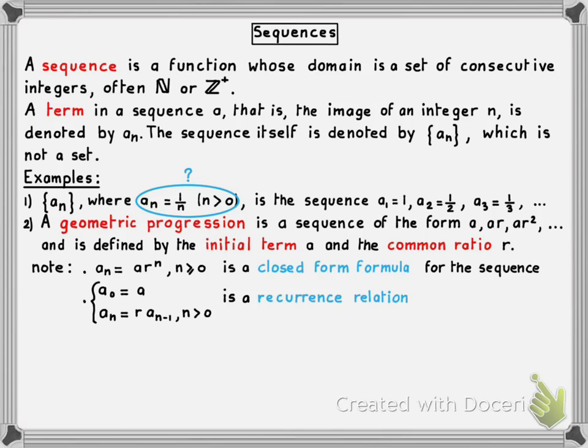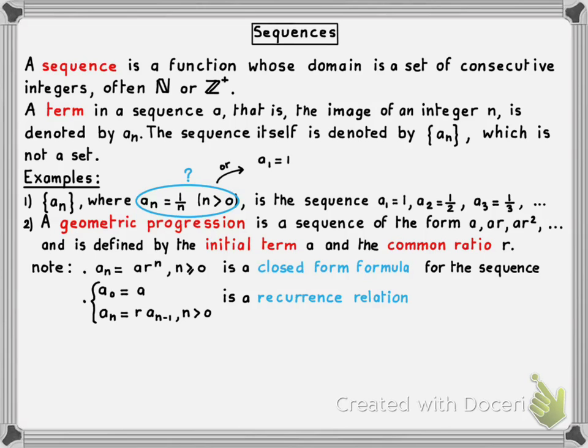So let's try to come up with a recurrence relation formulation for this same sequence. Notice we must first define the first element or the base case. Now in this case, 0 was the first index, but in the first example, n must be greater than 0 because you can't divide by 0. So the first element is going to be a sub 1, and of course it's equal to 1 over 1.